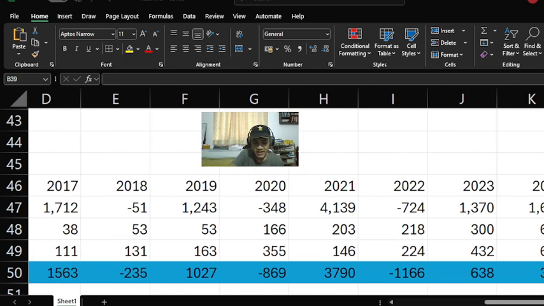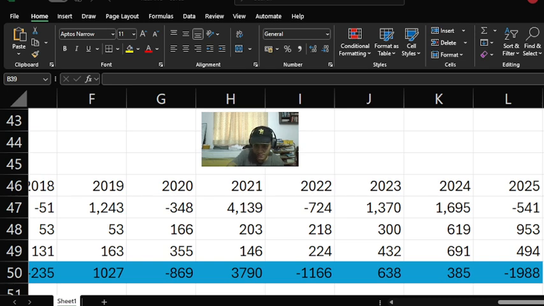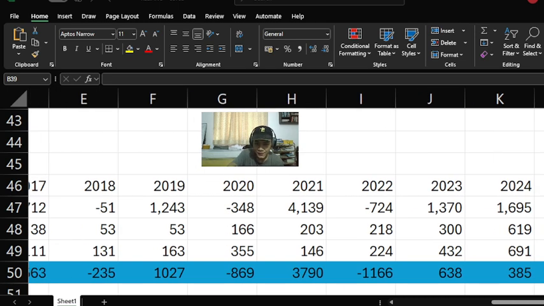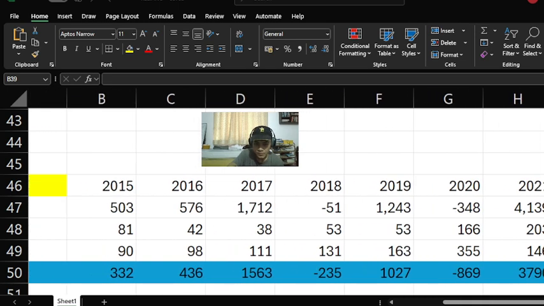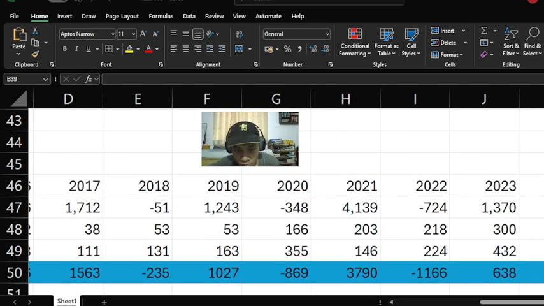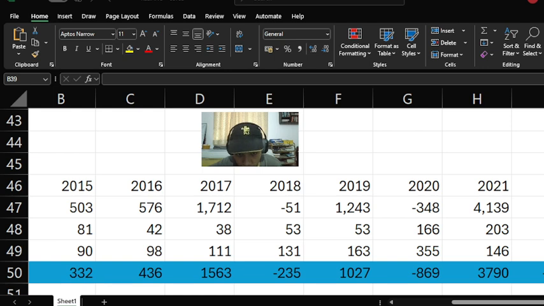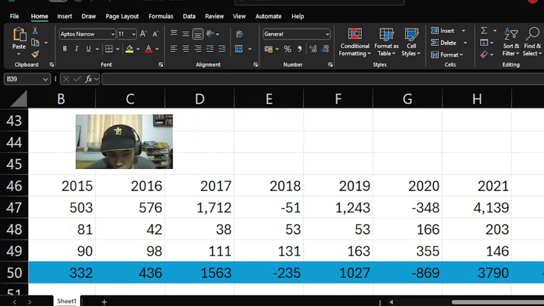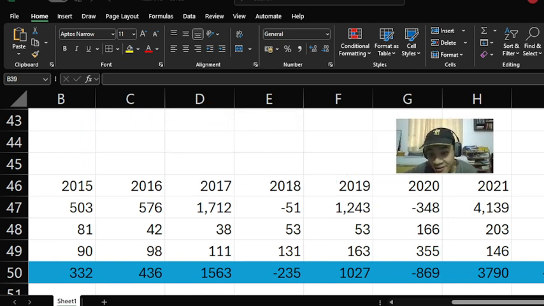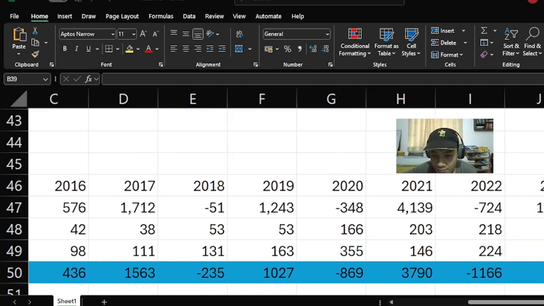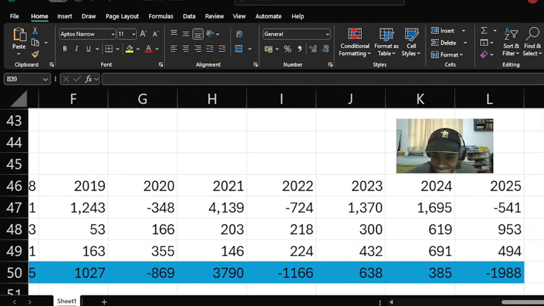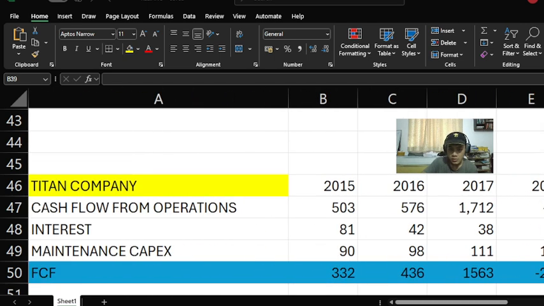So it goes up, it goes down, but a lot of negatives. Hmm. All right. It seems that from 2015 to 2021, the free cash flow had a good era. But since 2021, a lot of negatives.